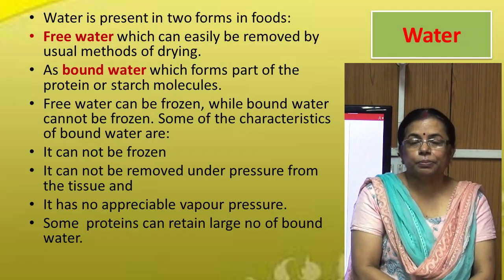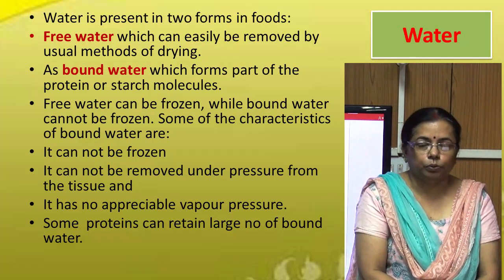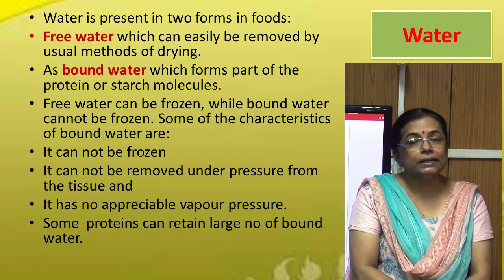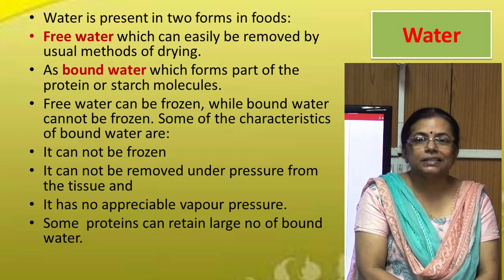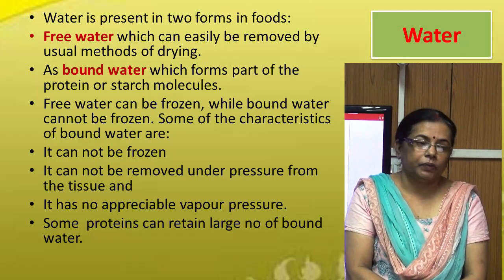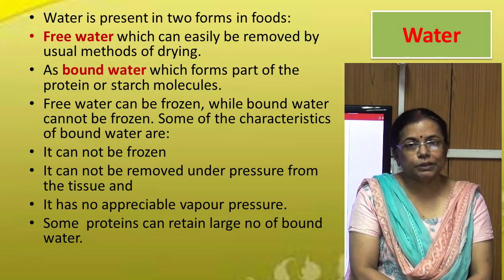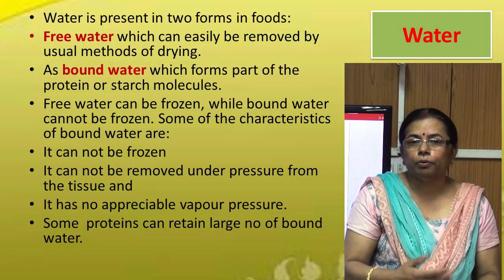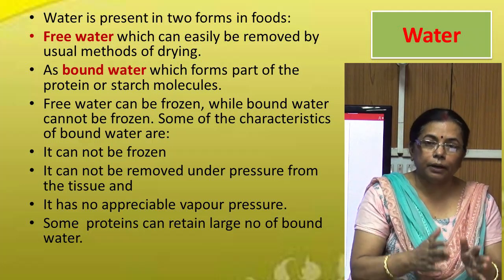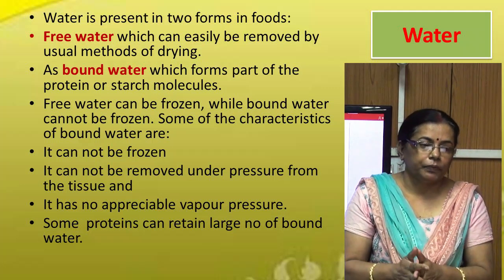Approximately 4 to 6% of total water in fruits and vegetables is in bound form. Cereal grains contain 30 to 40% of total water as bound form. So bound water cannot be available as a solvent.